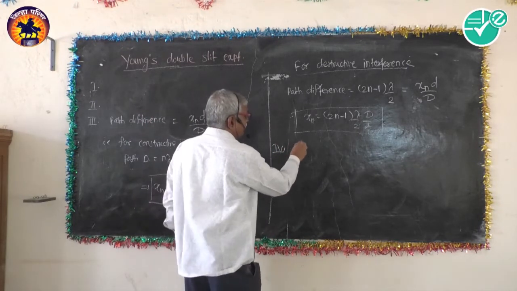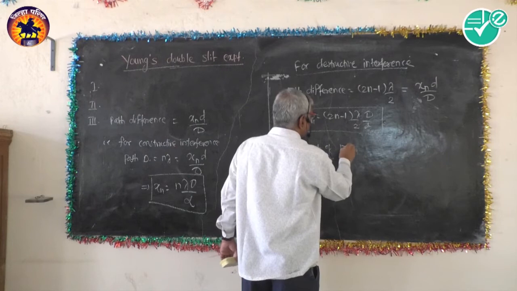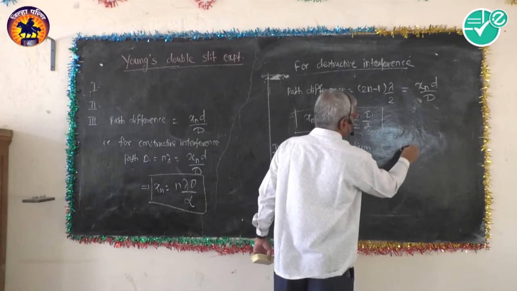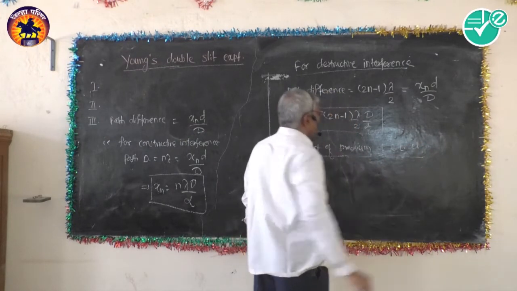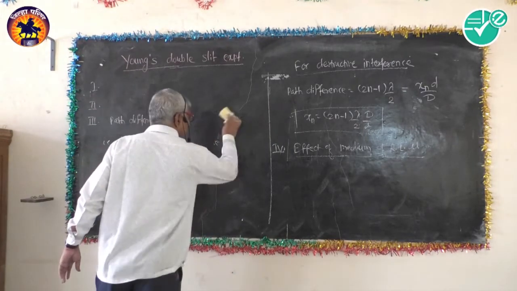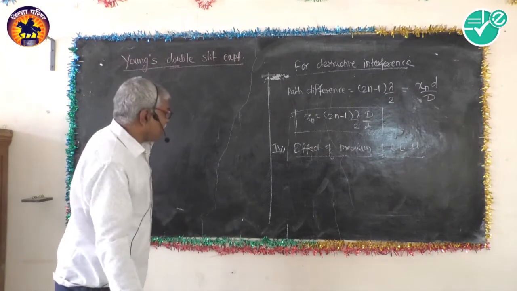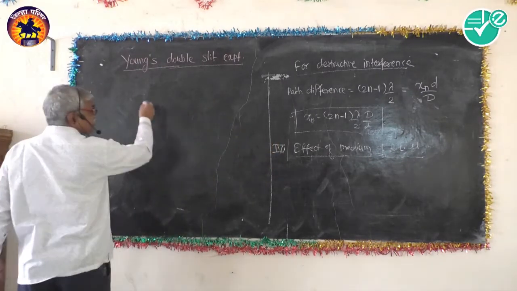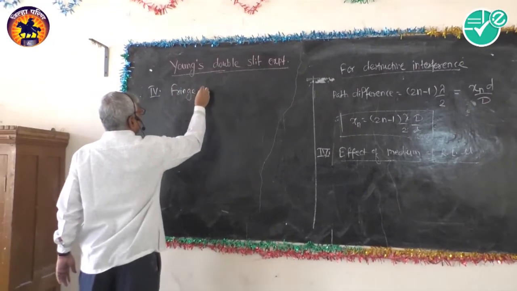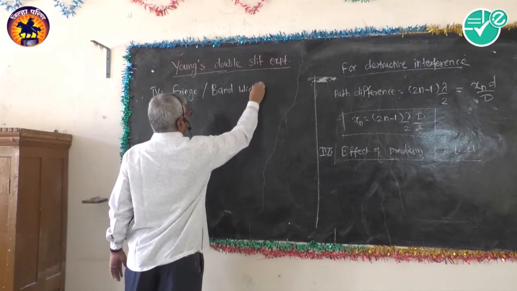The fourth formula is: what is the effect of a medium of refractive index μ on the interference pattern? Before that, first take the bandwidth.